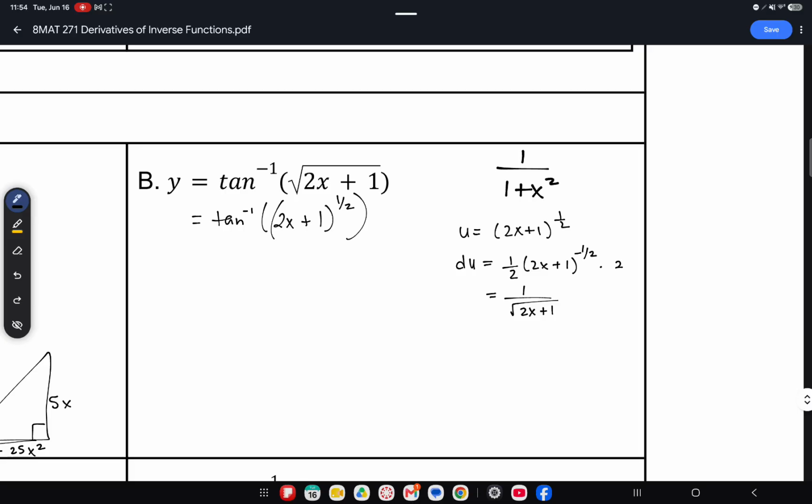All right, and then what do we have here? We have to also find u squared. So I can take u and square it. It's going to leave me with 2x plus 1. Well, in the formula, it's 1 plus x squared. So really I'll be adding a 1 on top of that.